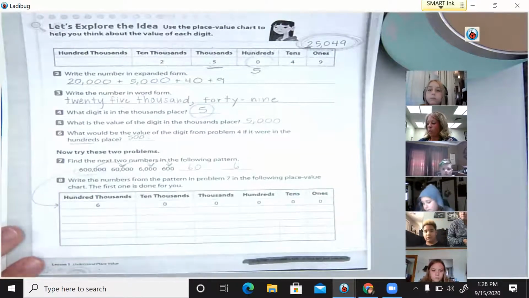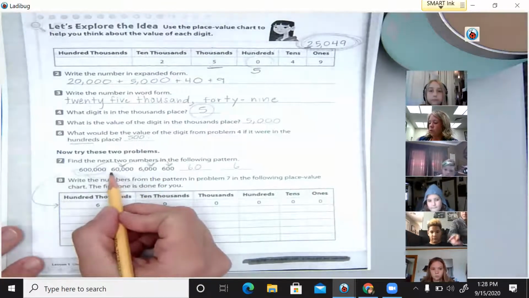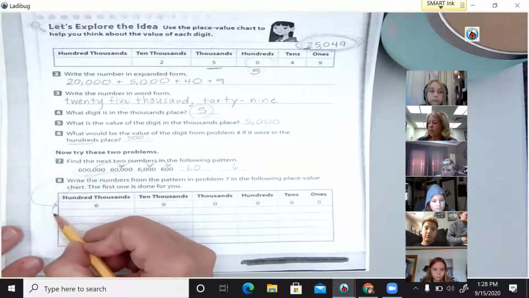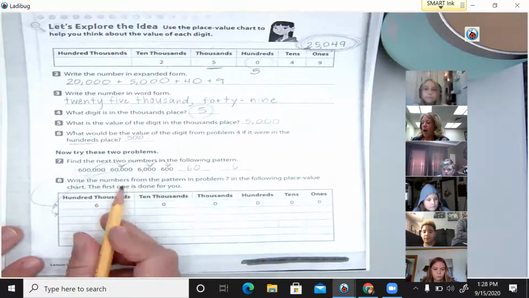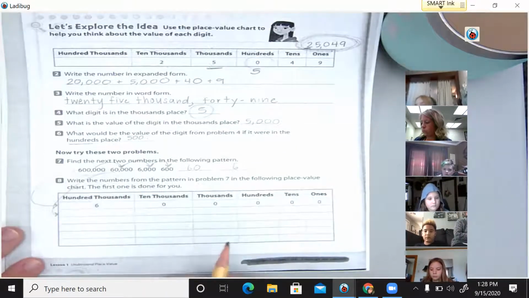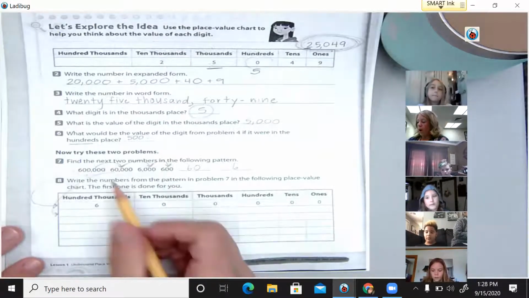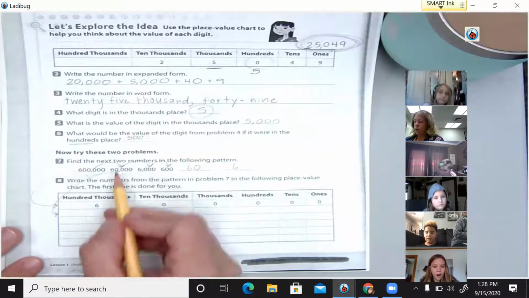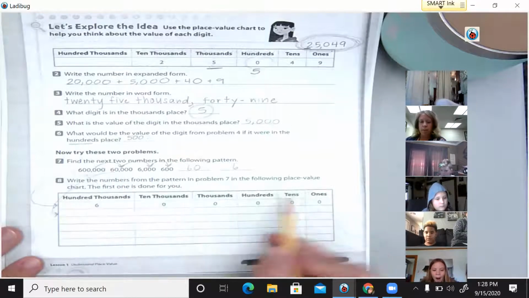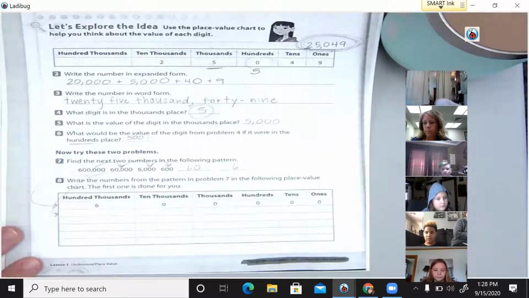You're going to tell me what number is going to go in each of these spots. So Olivia, you're going to do 60,000. In the number 60,000, how many 100,000s are there? Or actually, let's do it this way. Where do I put my 6? Under which heading for 60,000? 10,000.